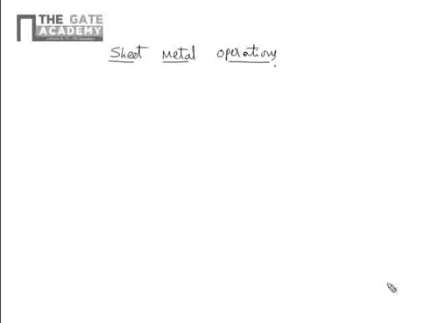Sheet metal operations are operations performed on thin sheets to get the required shape of the component. This is a very important chapter. Definitely 4 marks, 2 marks questions, sometimes 4 marks, 5 marks also you will get. Linked answer questions are frequently asked.